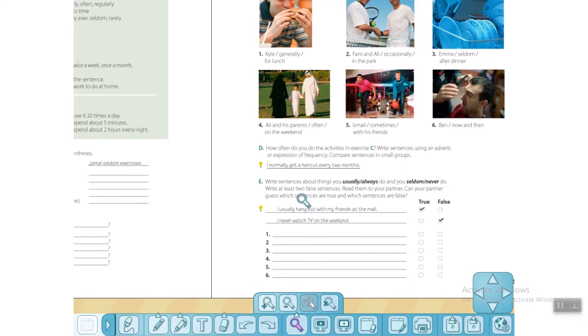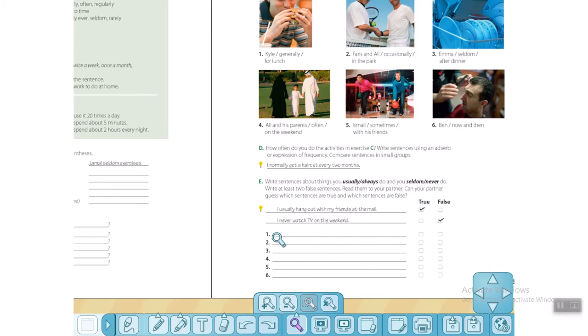Use an adverb or expression of frequency in your sentence. Then write the sentence here and let your partner or your friend answer.